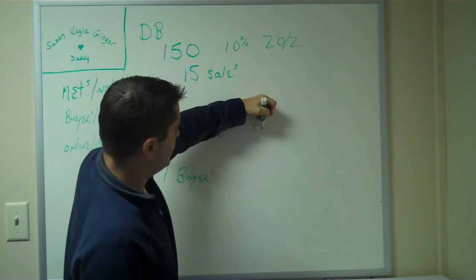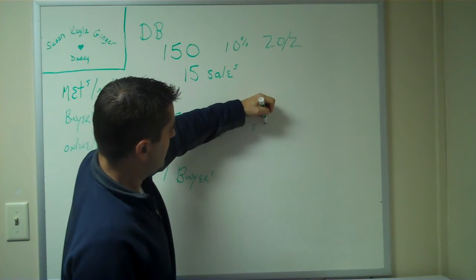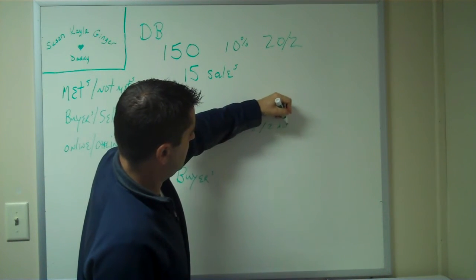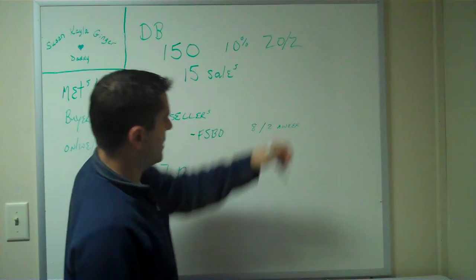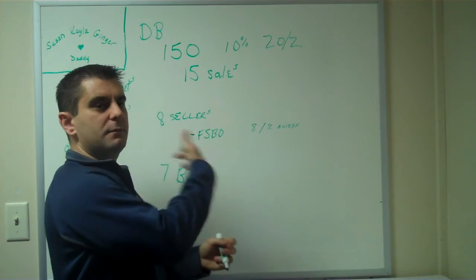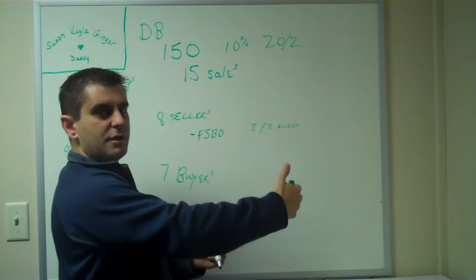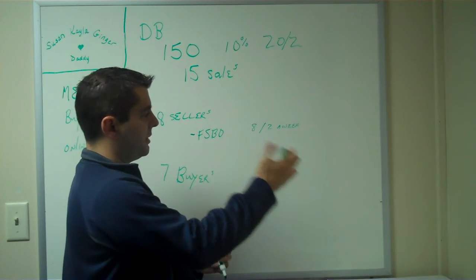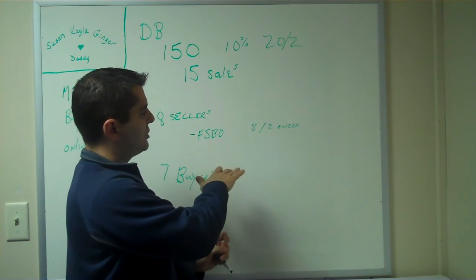And by relationships, I mean you've called them, you qualified them, they're a candidate, and now they're going to go on the Haas Pratt action plan.